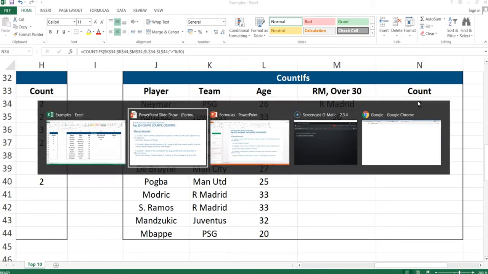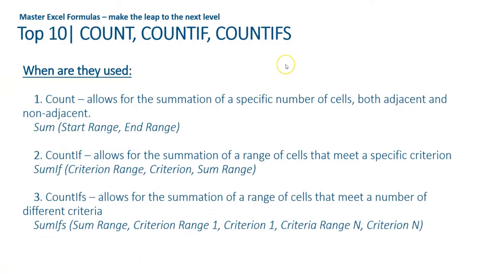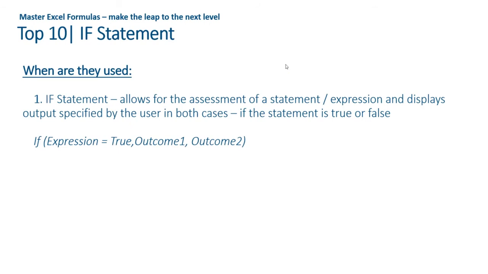Now going back to the presentation, the next group of formulas, or this is more like one formula really, but which has a lot of variations, is the if statement. This is one of the most important formulas in Excel because it is very applicable in many of the analyses that are done here.